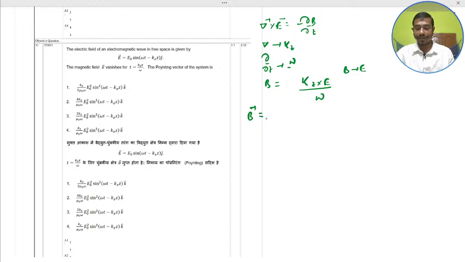Substitute this equation, you would get the B would be the minus of kz E naught by omega sine omega t minus kz.